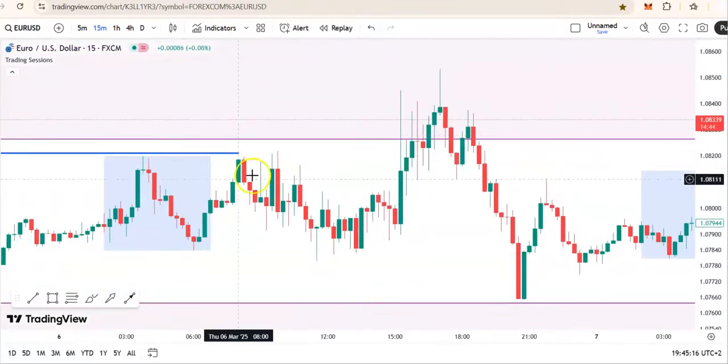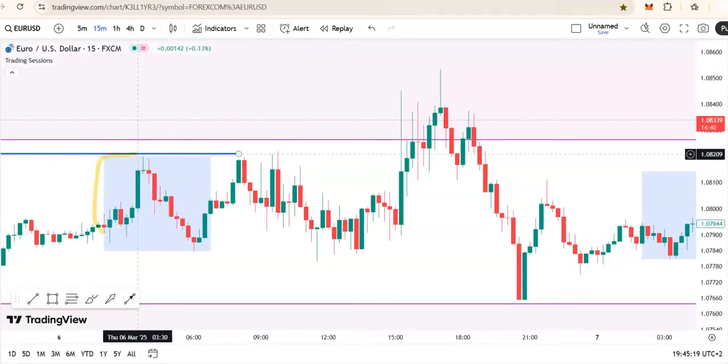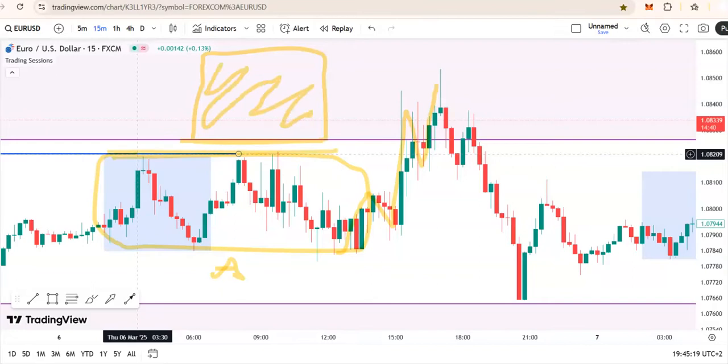If I zoom in, you can see we have this accumulation again, we have manipulation towards the daily fair value gap level, and also the 4-hourly swing high working as buy side liquidity. So we have this manipulation towards those levels.